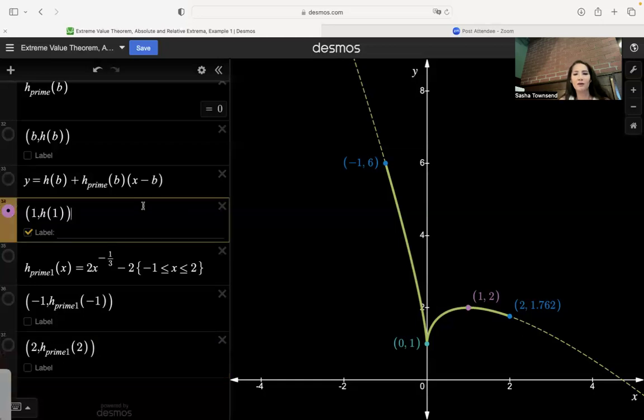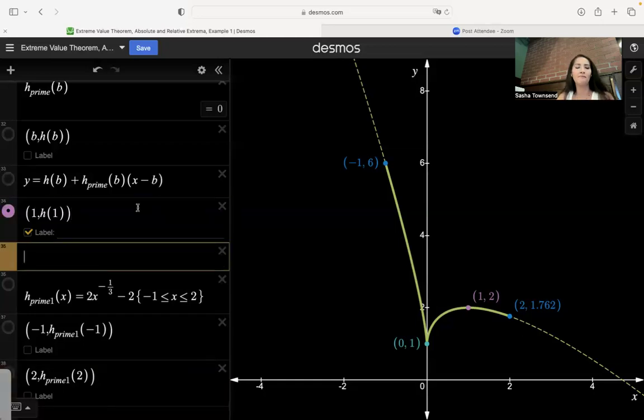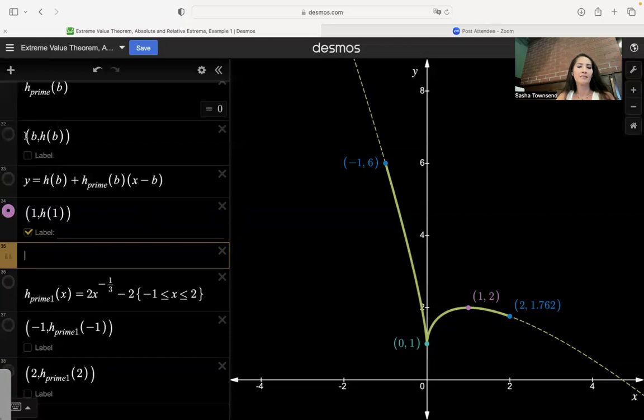The question asked us, what are the absolute maximum and minimum values of the function? Let's write that down.